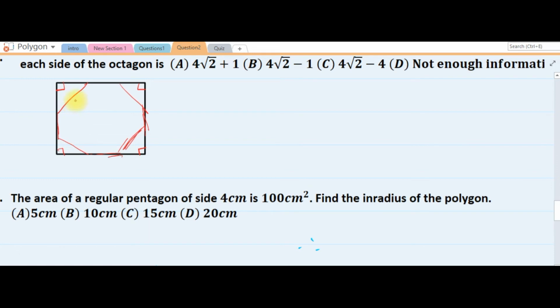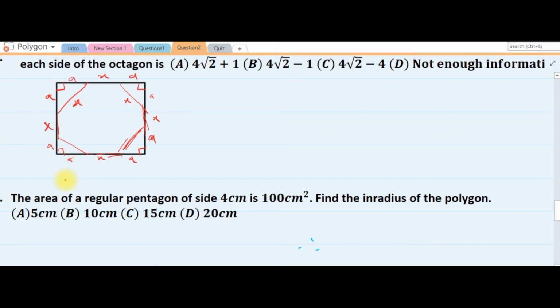So let the length of the side of the polygon be x. And they cut equal amounts. Let's call it a. That equal amount, this should be x. So this x, a, x. So this a.